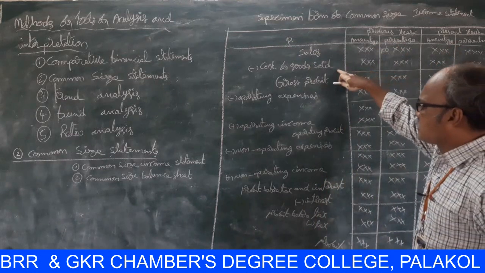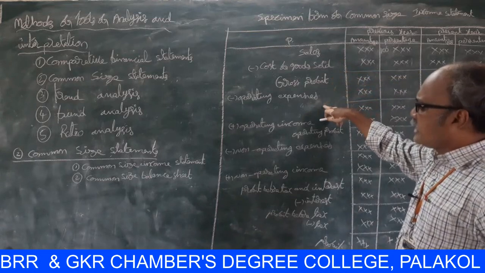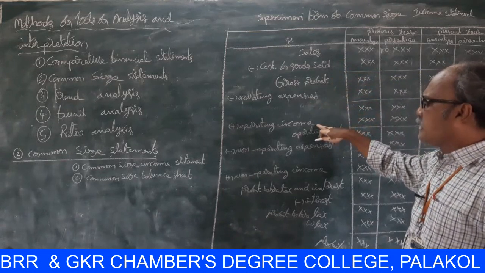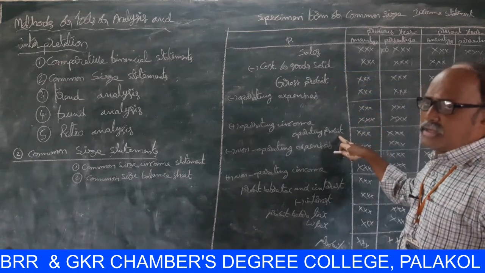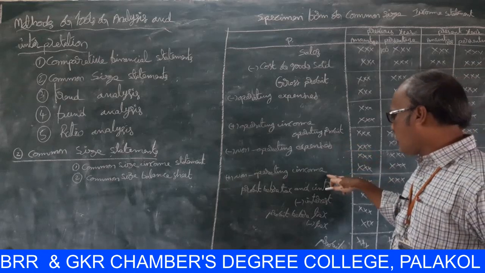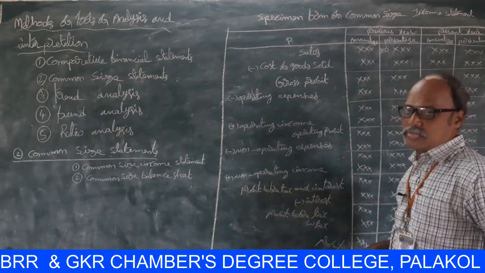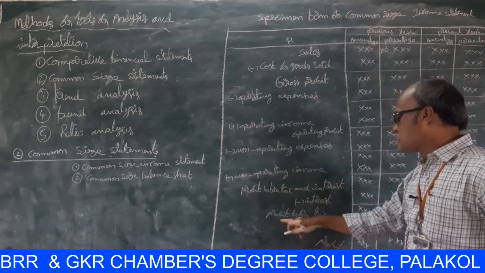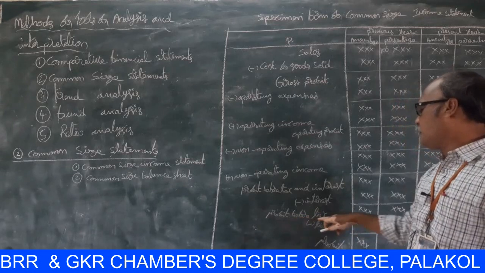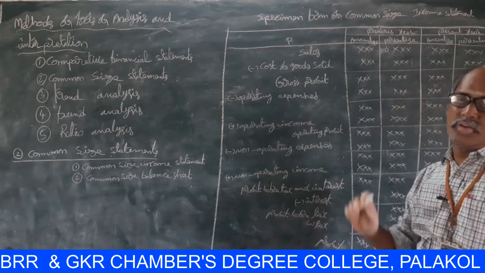Sales minus cost of goods sold gives gross profit, minus operating expenses, add operating income, then we find operating profit. Less non-operating expenses, add non-operating income, then we find profit before tax and interest. Less interest, then we get profit before tax. Less tax, then we finally get the profit.